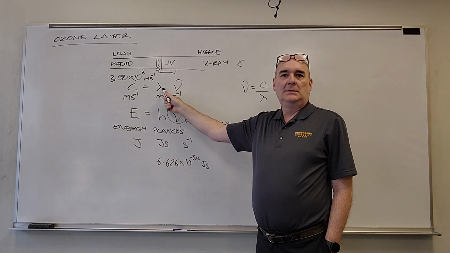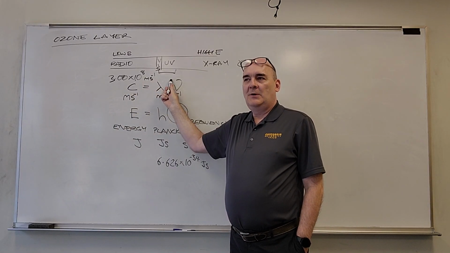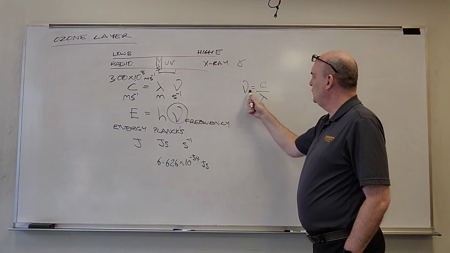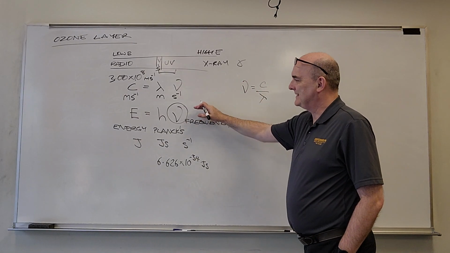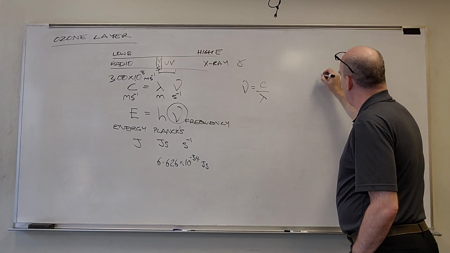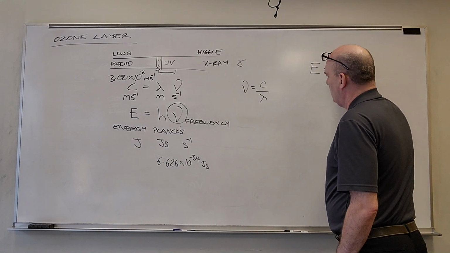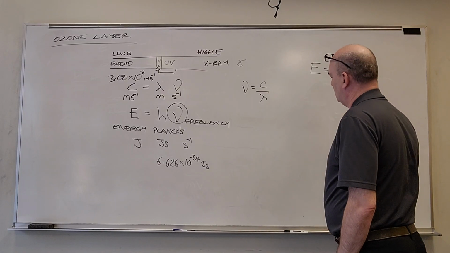Take the lambda, move it across the equal sign. It was a numerator, becomes a denominator when you move it across the equal sign. So nu equals c over lambda. So this guy, E equals h nu, now can be rewritten as hc over lambda.